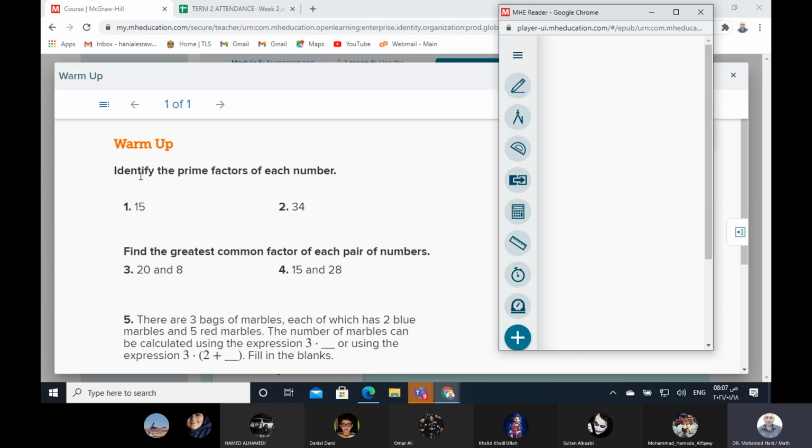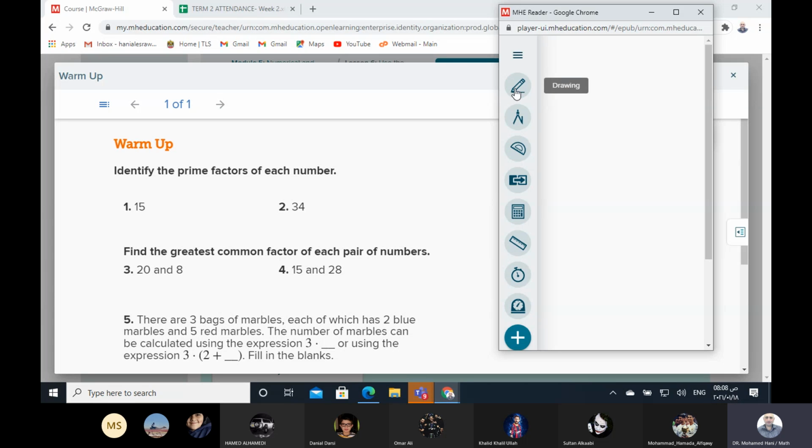The first question here: identify the prime factors of each number. Exercise number 1. We have 15. I want you all to write the factors of 15 and tell me what the prime factors of this number are.